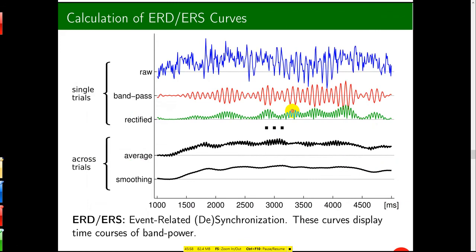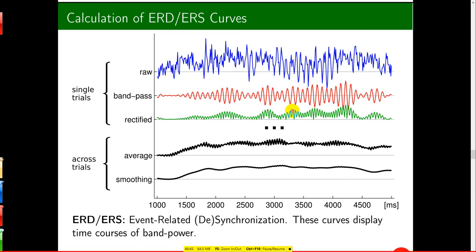By the way, these signals are called ERD and ERS. You presented it last time, right? Desynchronization means power reduction or suppression, and synchronization or ERS is rebound. There is even a rebound back to the synchronous activity. However, that ERS is captured not in the mu band, but in the beta band.